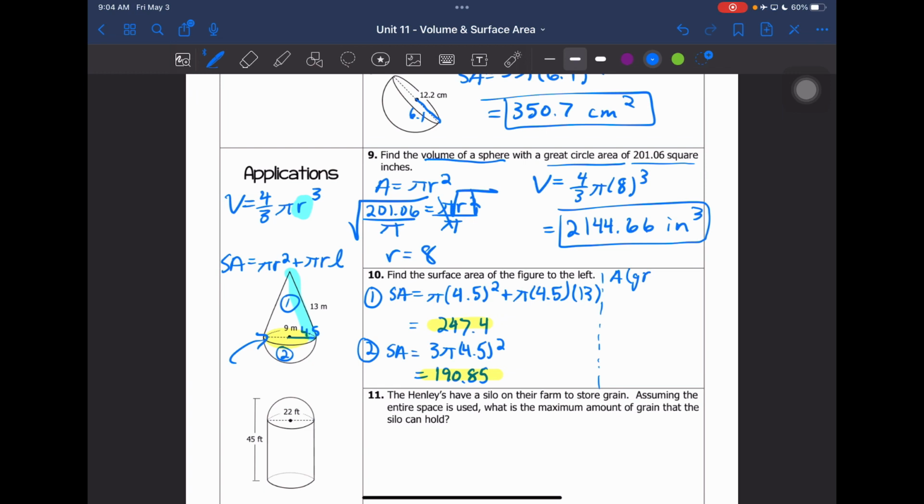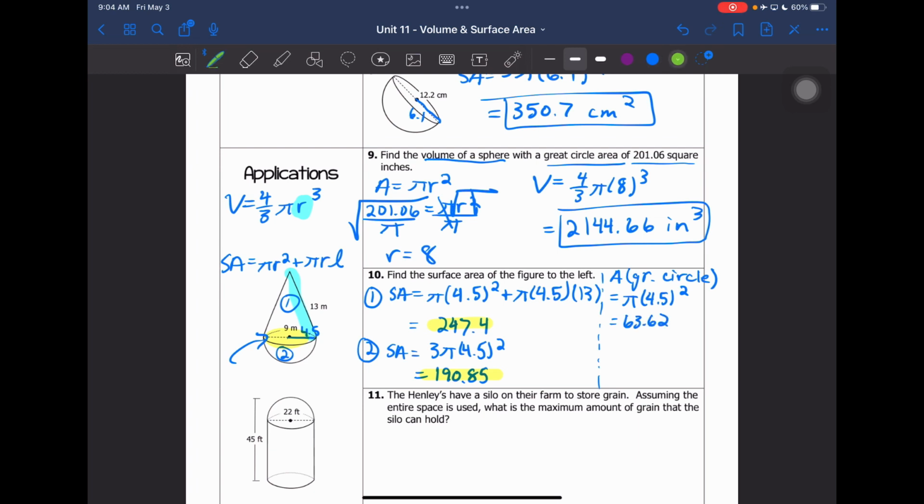It would be considered the great circle of the hemisphere. So I'm just going to write area of great circle. The formula for area of a circle, we know, it's just pi r squared. So we can do pi times 4.5 squared. Find out what that is. That gives you 63.62.